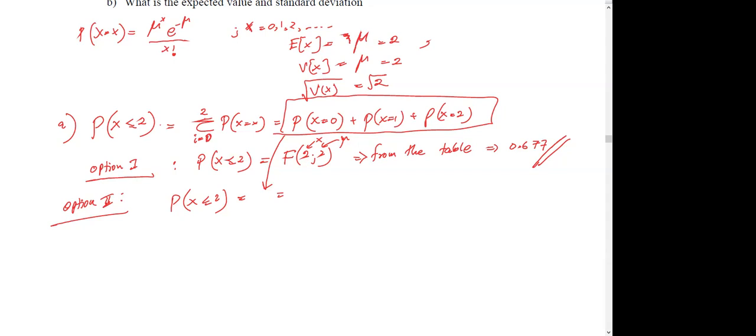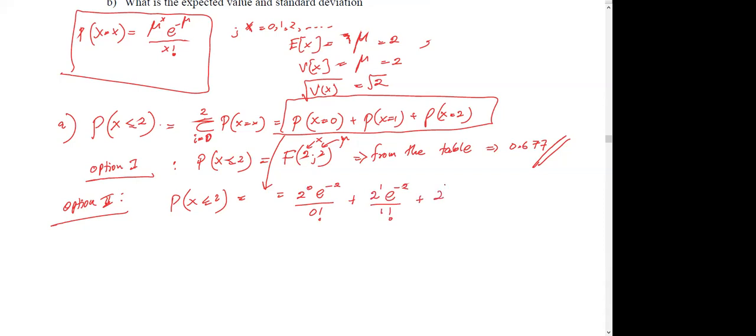So let's do this one. 2 to the power 0, e to the power negative 2, divided by 0 factorial, plus 2 to the power 1, e to the power negative 2 divided by 1 factorial, plus 2 to the power 2, e to the power negative 2 divided by 2 factorial.